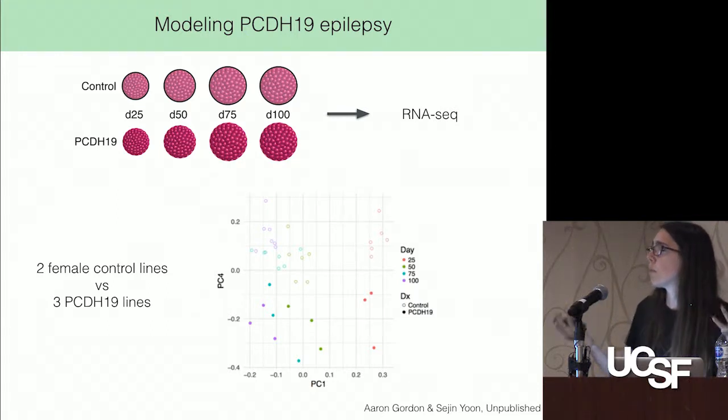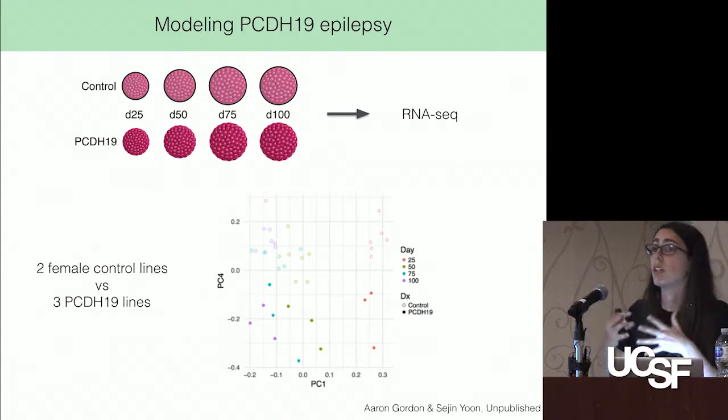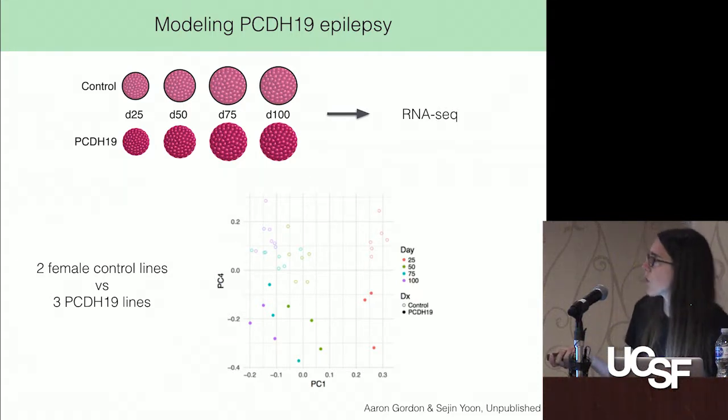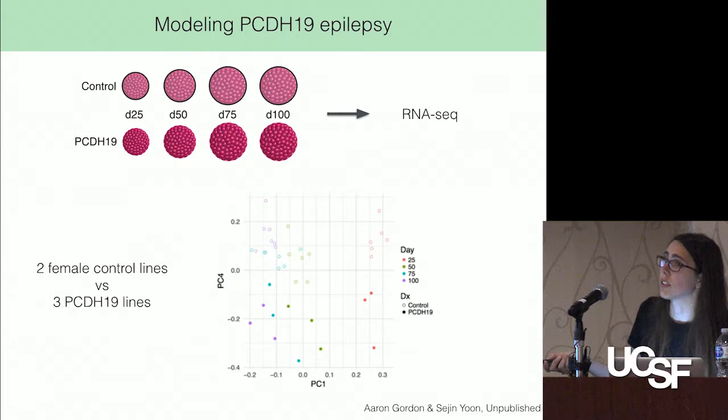Here, this is a plot showing the relationship between all these samples in space. The control is the open circle, and PCDH19 is the filled one, and the different colors are the ages.